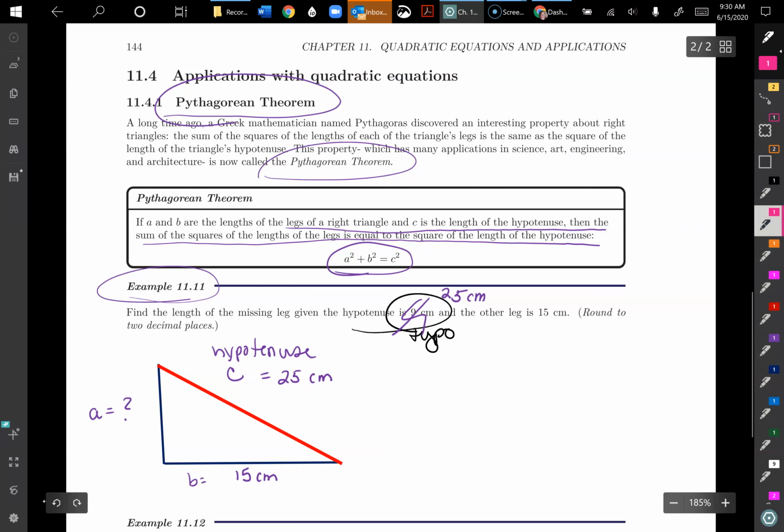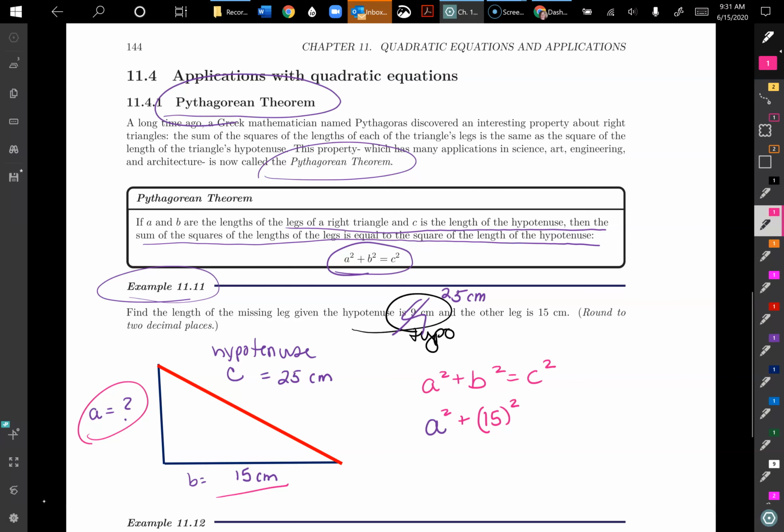Okay, so then I'm going to write down the formula. If it wasn't there already, for sure you'd want to write it: A squared plus B squared equals C squared. Now I'm just going to fill in A, which I don't know, so I'm leaving it just as A. B is 15, put parentheses and then squared, although I wouldn't have any lengths that are negative, so don't need to worry too much.